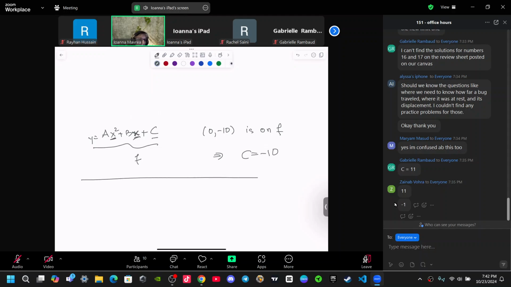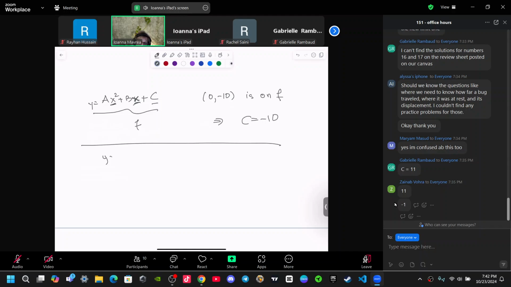Okay? And then you're told that this function is such that at 1, negative 3 on the graph of the function, the tangent line has slope 12.